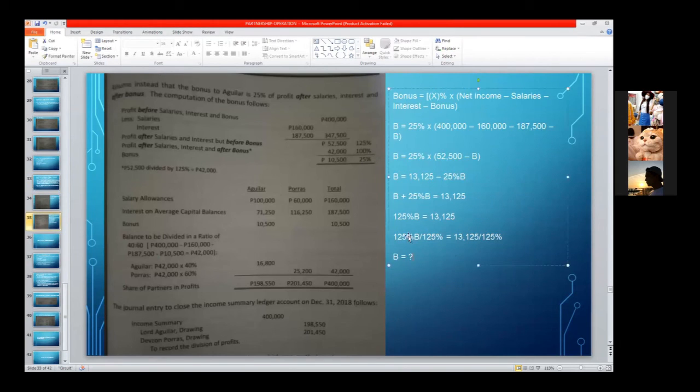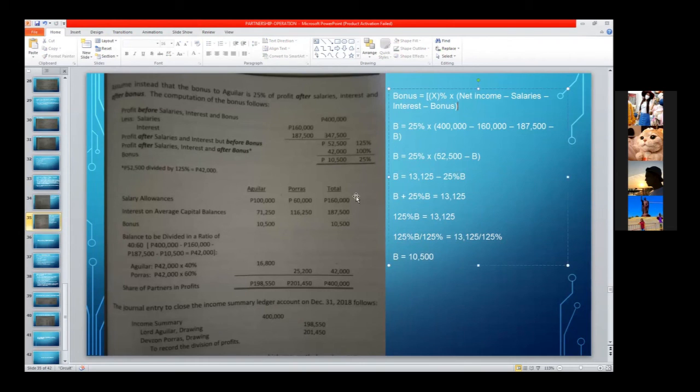Ayan. So, divide natin both side ng 125% para ma-cancel out na to. O dahil divide natin, compute nyo na to. Kano mabas? 10,500. So, yun na yung sagot natin. 10,500. Check nga natin. O, pares lang dito. 10,500 din. Diba?